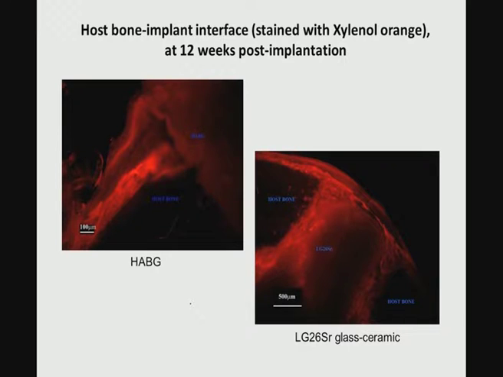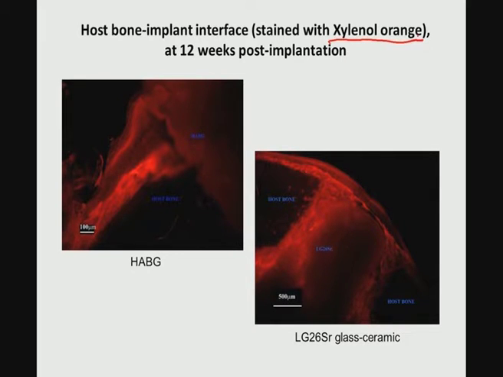Now, apart from histology, one of the things one can also do is see the progression of bone formation in vivo. For that, veterinary surgeons can inject certain stains like xylenol orange during the post implantation period, not at the time of sacrifice, but before the time point of sacrifice.